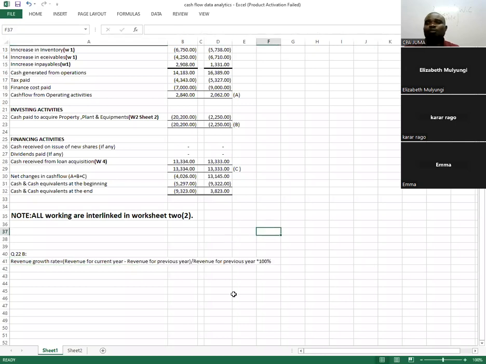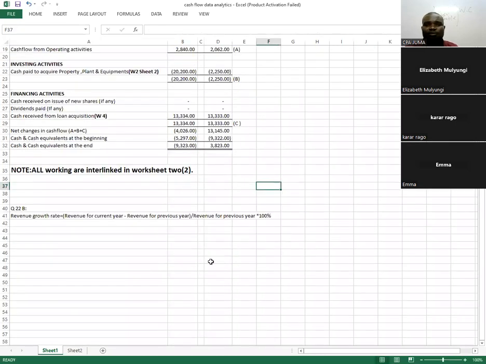Can somebody confirm from your finance that this is the formula for revenue growth rate? Maybe we can check research. Oh yeah, people who have checked say yes. So I'm very much okay.